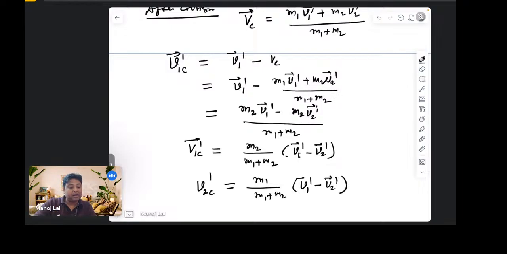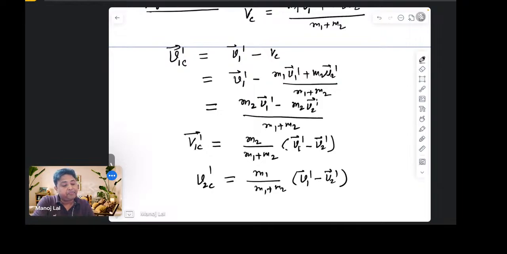The same thing you will get, but with a minus sign of that, because it will be V2 minus this, M1 V2 minus M2 V2. M2 V2 is out, so it would be M1 V1, M1 V2 dash, and the minus sign will come. So this will be the minus sign, right?